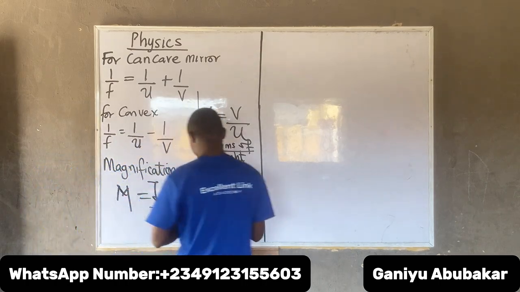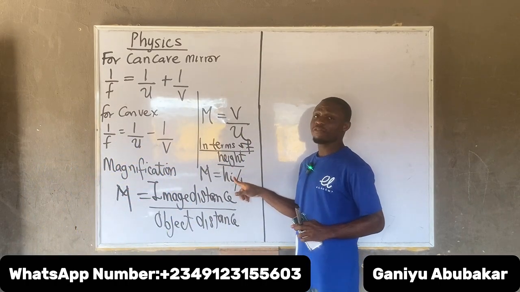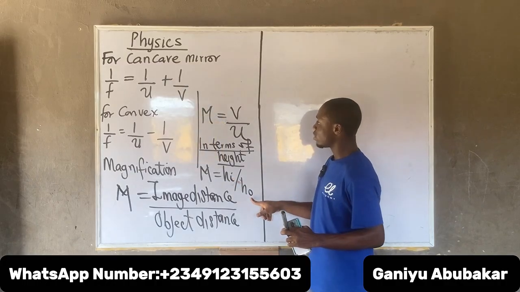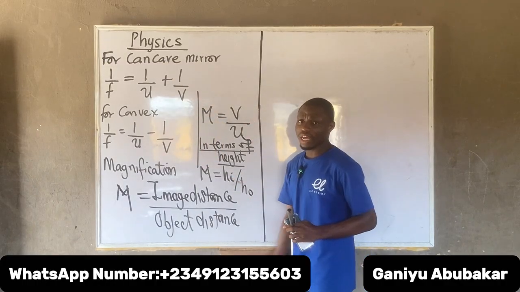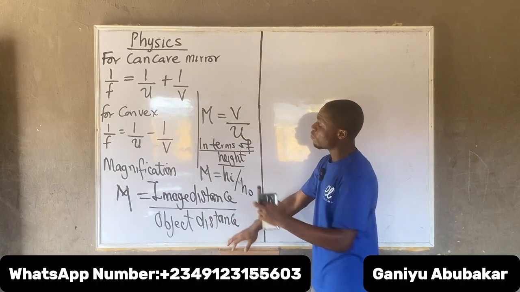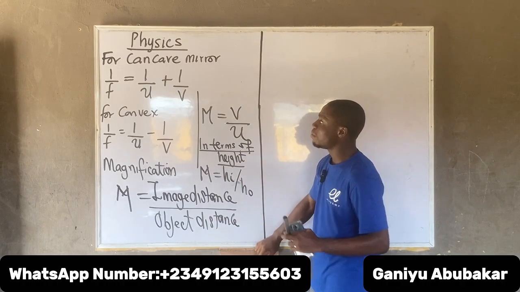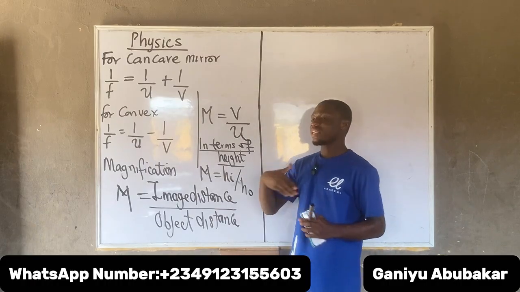Here's the idea: with magnification, your image must come first before object. Image before object. That's how you work on magnification, just like the little formulas we established in our previous class.